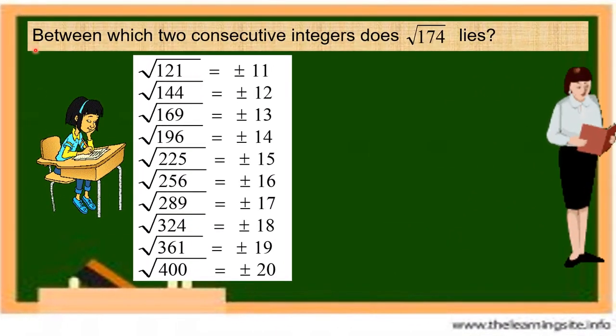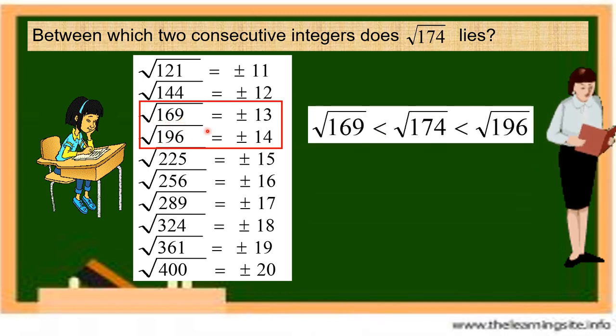We need to determine between which two consecutive integers the square root of 174 lies. So we have 174. It is in between square root of 169 and square root of 196.